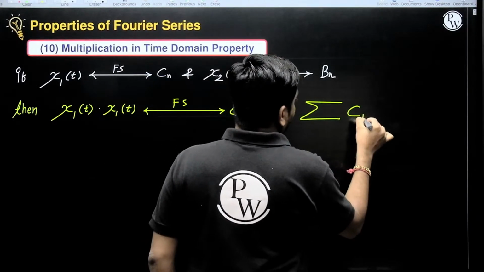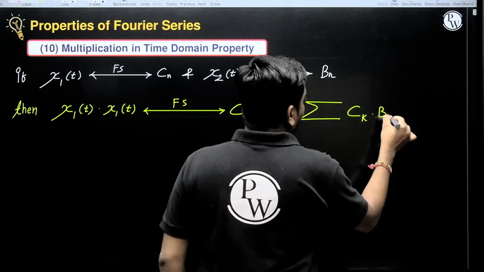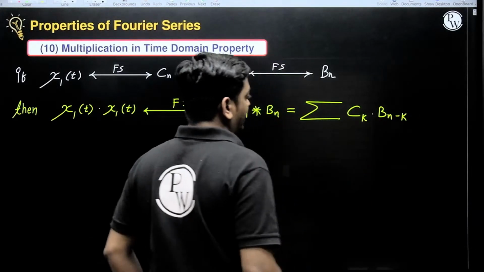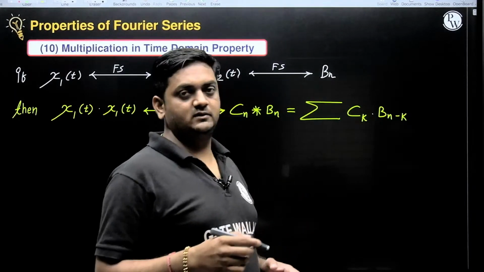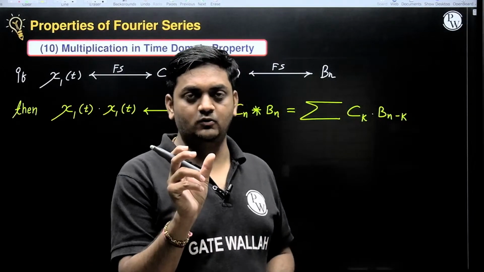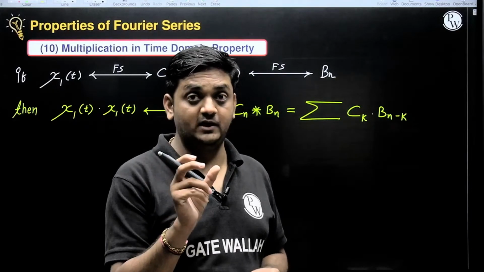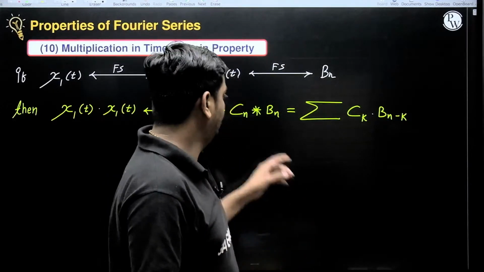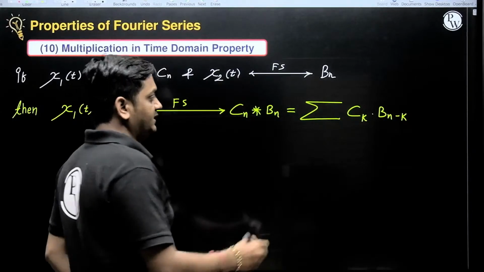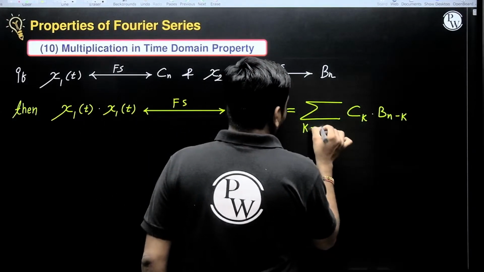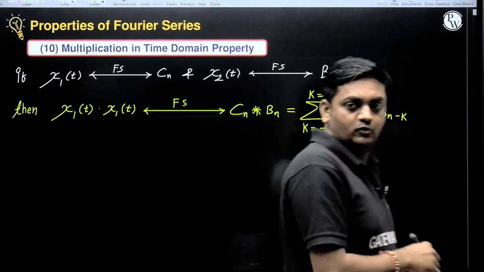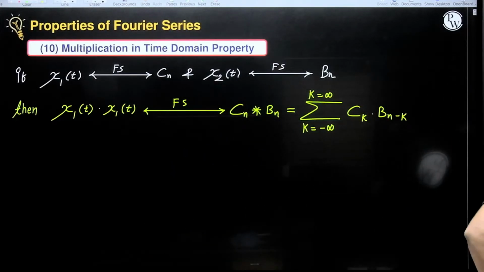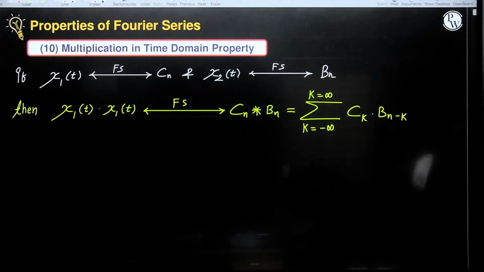Summation of bk into c of n minus k, like in the second chapter, x of k into h of n minus k, or h of k into x of n minus k. So here it is ck into b of n minus k, where k is from minus infinity to plus infinity. Correct?